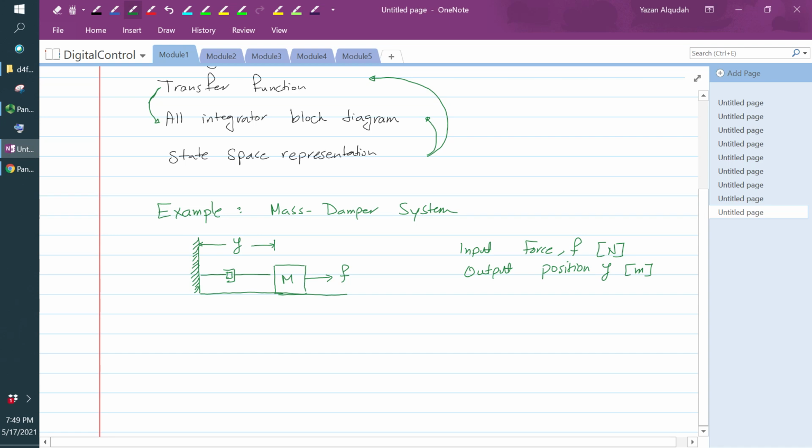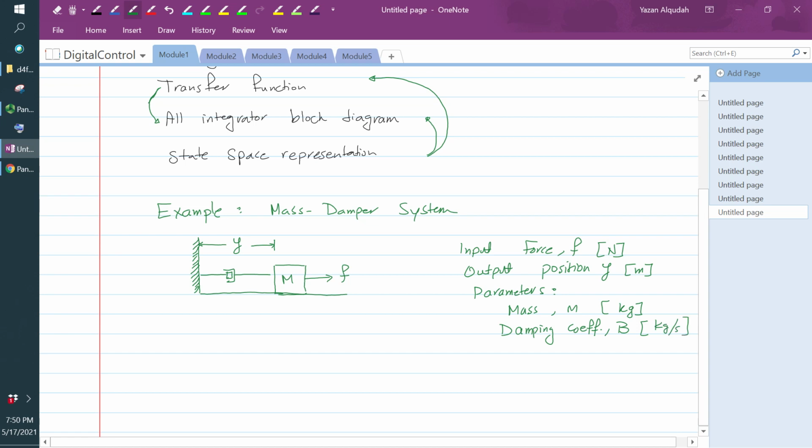Now we also have parameters that we're going to need, and that is the mass, which is m, and this has units of kilograms. And also we have the damping coefficient, which has a value of B, and it has a unit of kilogram per second.